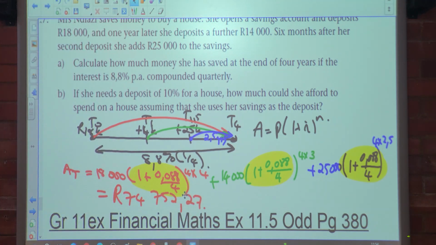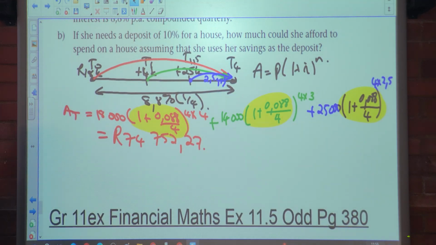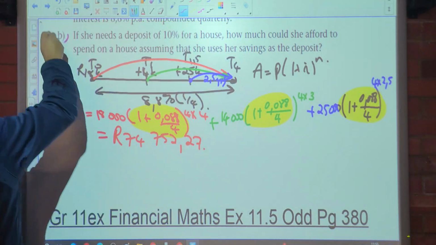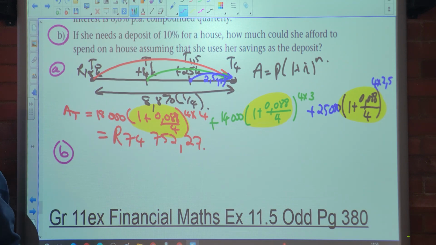Okay. Is there any confusion there? 7b, the B part of the question says if she needs a deposit of 10% for a house, how much could she afford to spend on the house, assuming that she uses her savings as the deposit?